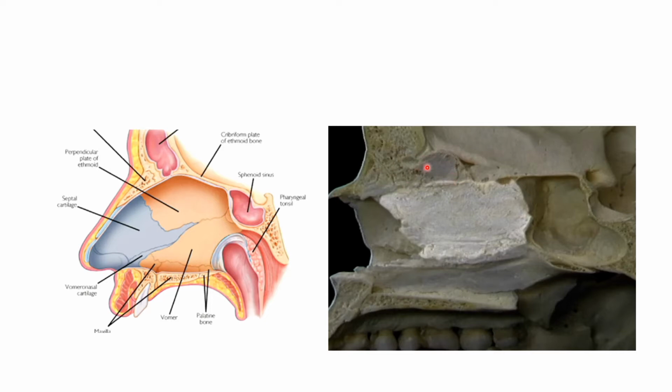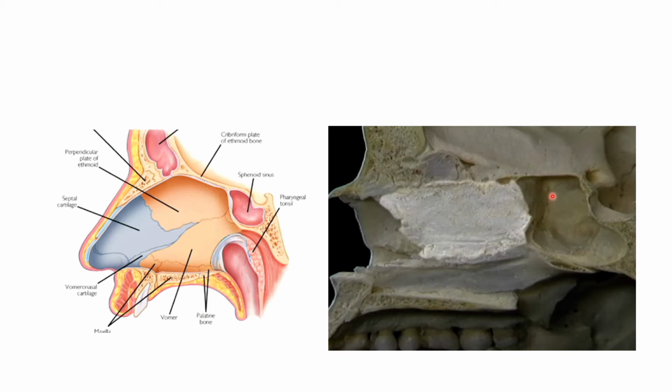Here you are seeing the crista galli in relation with the frontal bone, and this is the upper margin of the nasal septum, and this is the posterior margin of it.